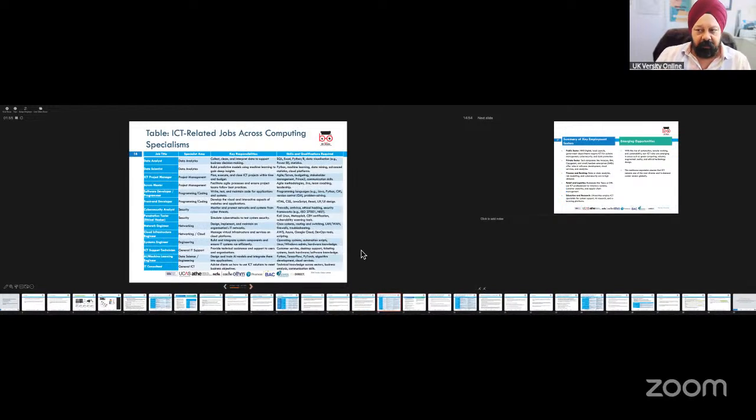Now, these are some of the important ones, and some of the high-paying jobs or profiles which people would like to get into have been listed in this particular table.